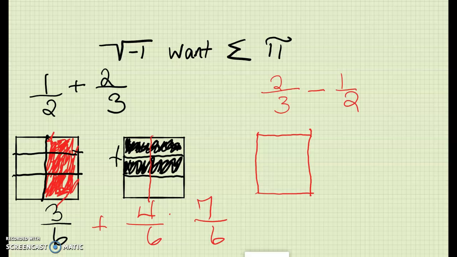Okay. And I'm going to divide in thirds again. And I'm going to note what 2/3 looks like. It's this stuff right here. 1/3, 2/3. Then I'm going to draw this fraction as a half.